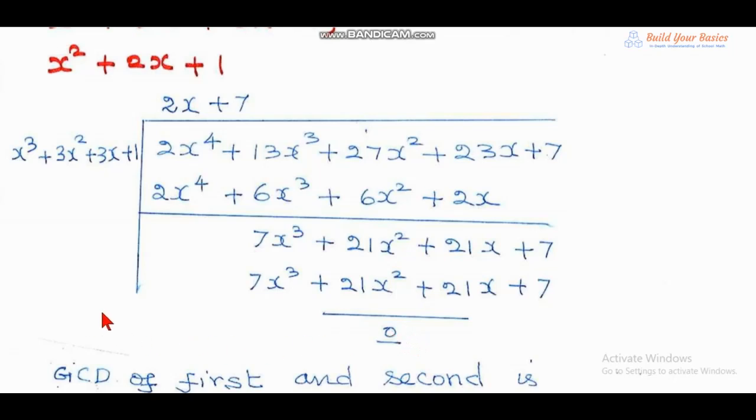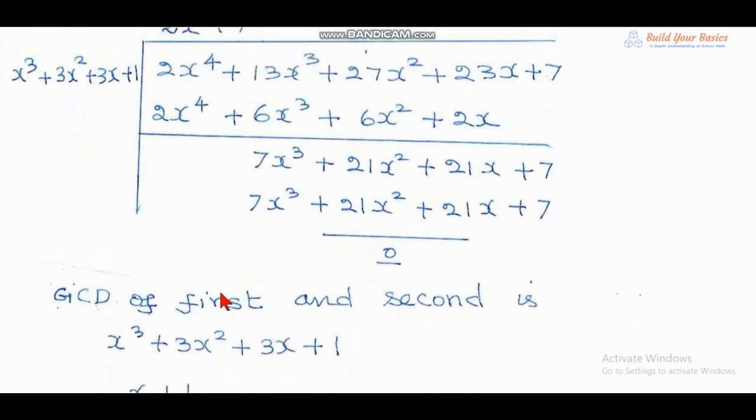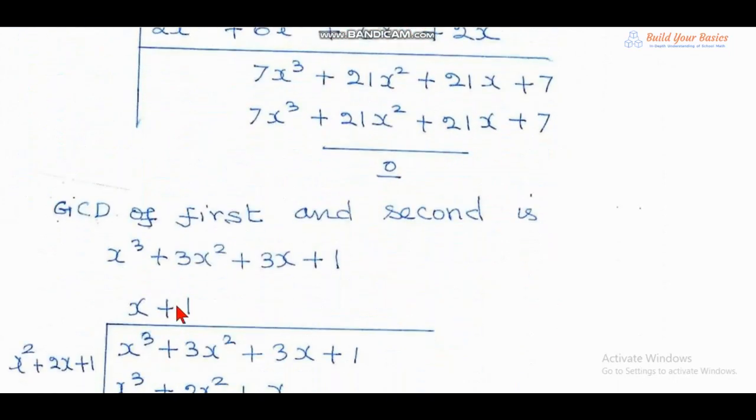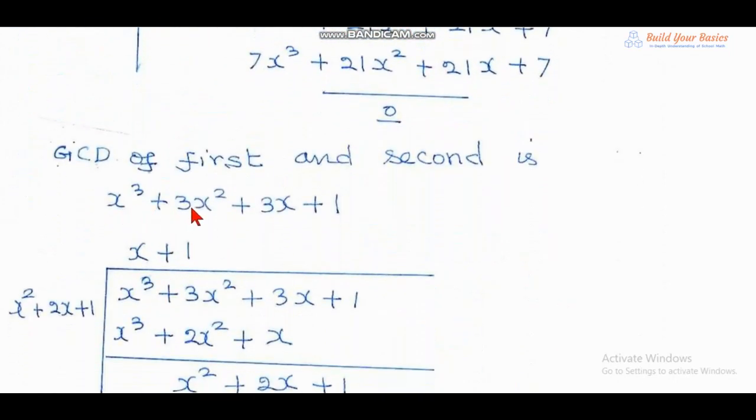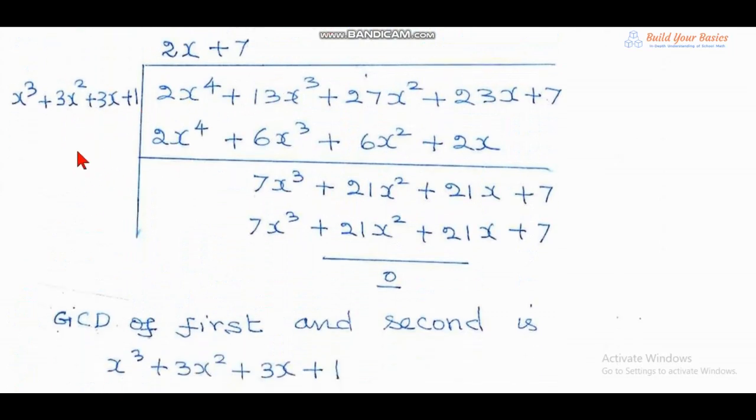So the GCD of the first and second polynomial is x cubed plus 3x squared plus 3x plus 1, the divisor here. For the first and the second, on division the remainder is found to be 0.